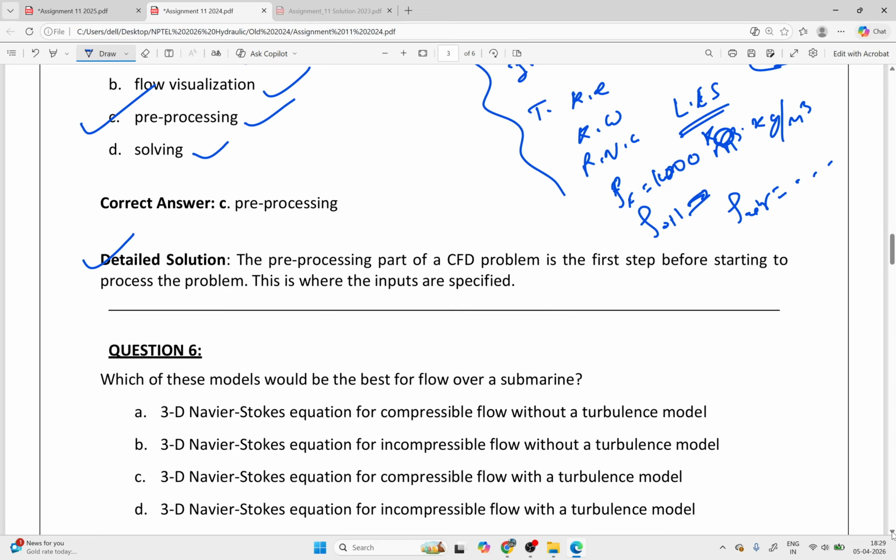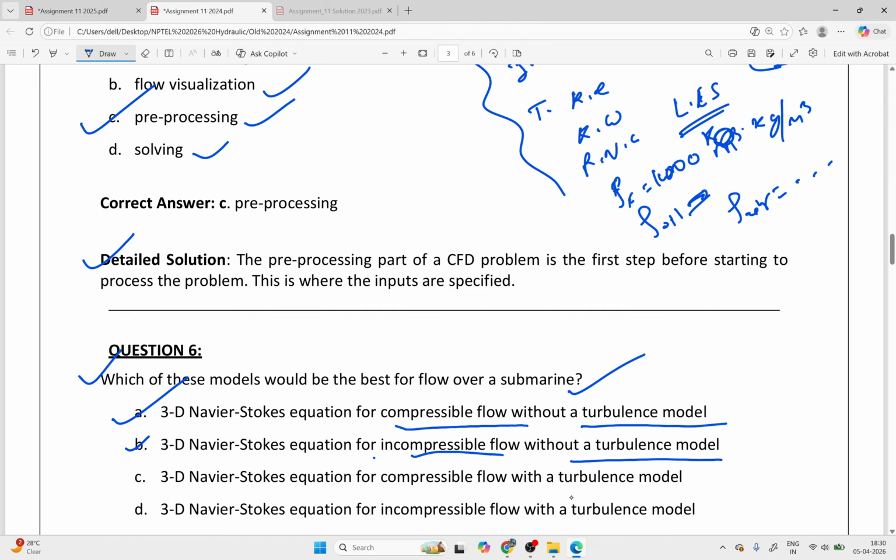Okay, so the next question is, which of these models would be best for flow over a submarine? So we are going to model a submarine. You are going to see the flow over a submarine. Option A: 3D Navier-Stokes equation for compressible flow without a turbulence model. Option B: 3D Navier-Stokes equation for incompressible flow without turbulence model.